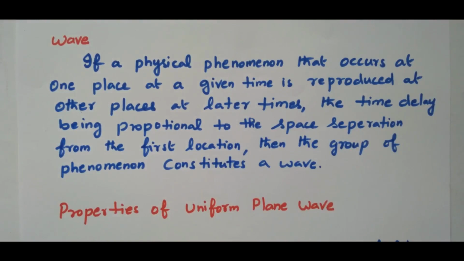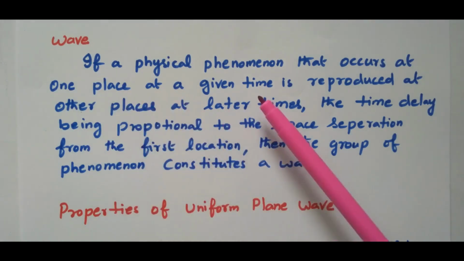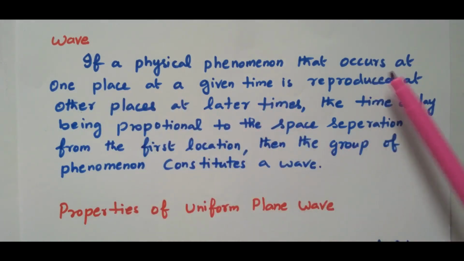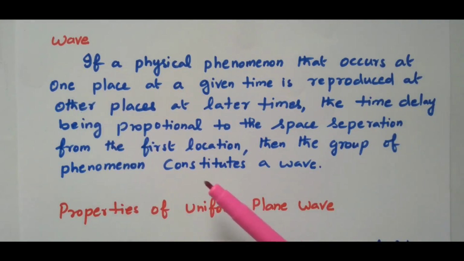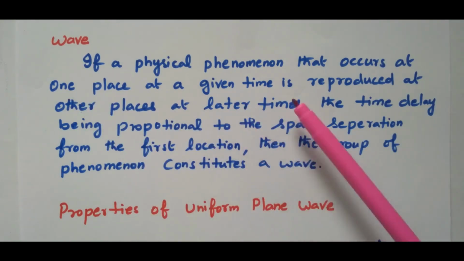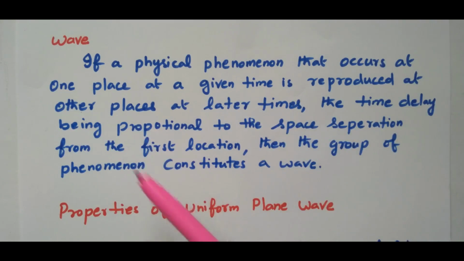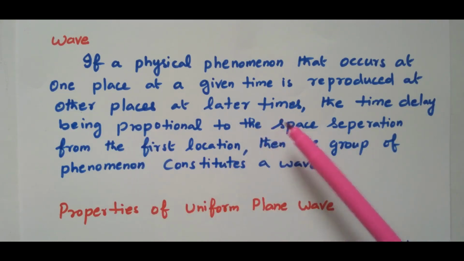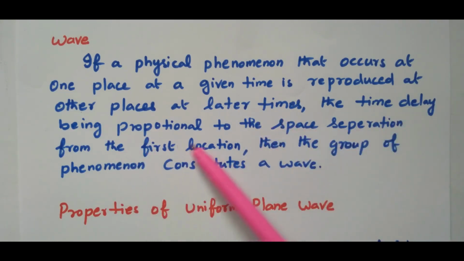Welcome viewers. In this video, we'll see the definition of the wave and the uniform plane wave, followed by the wave equation. First, we'll see the wave. A wave is a physical phenomenon that occurs at one place at a given time and is reproduced at other places at later times, the time delay being proportional to the space separation from the first location.